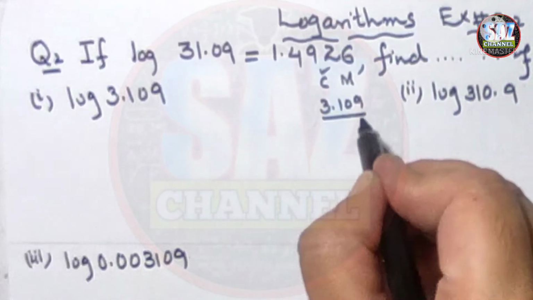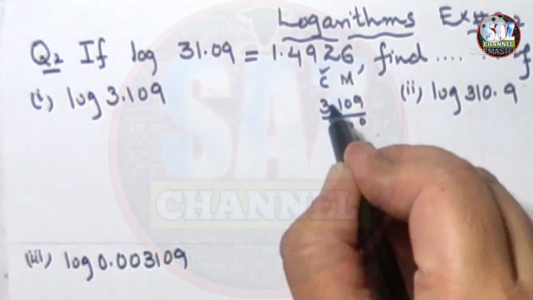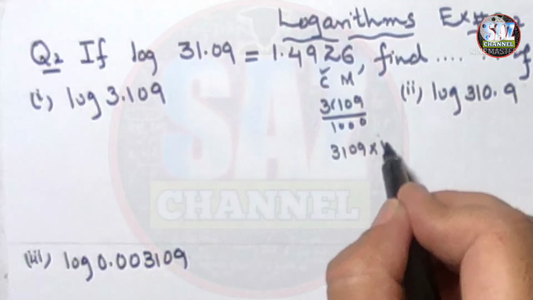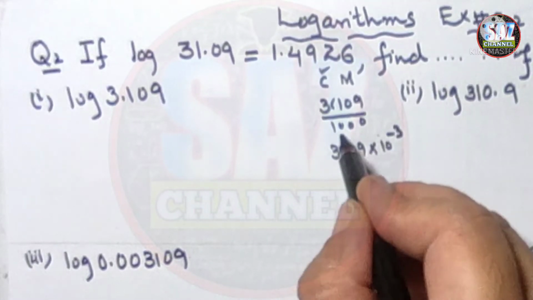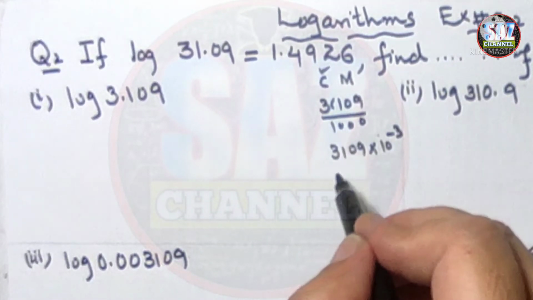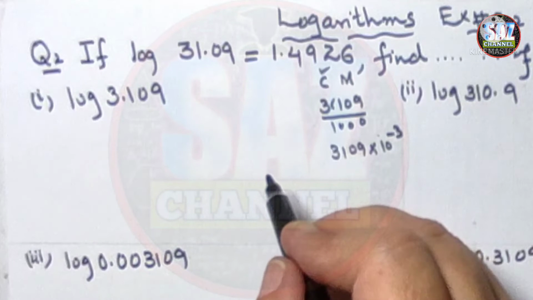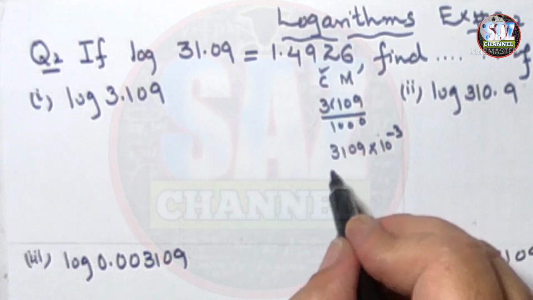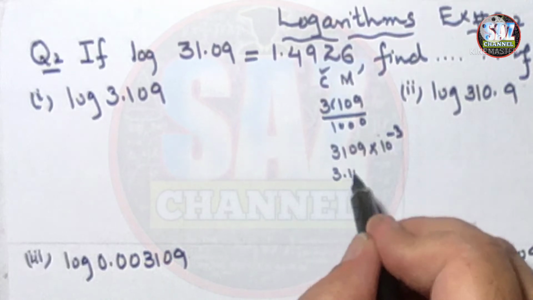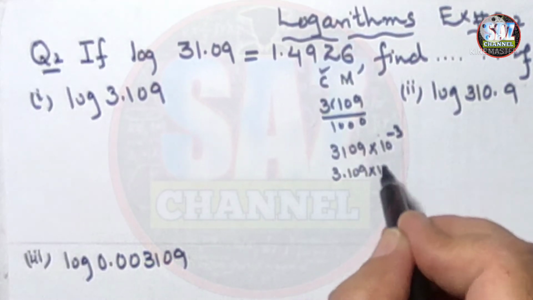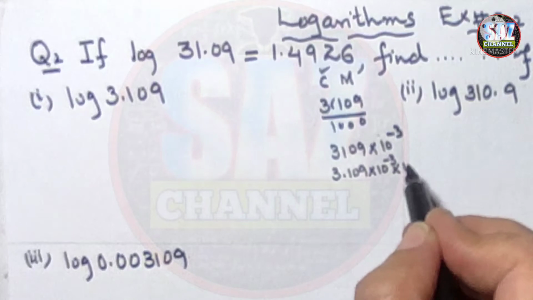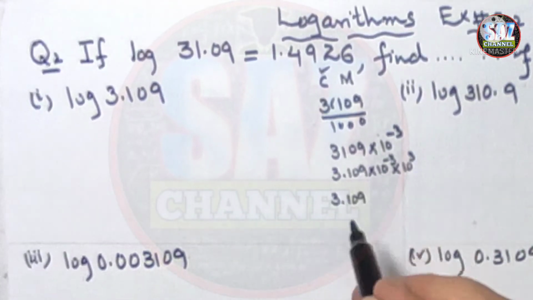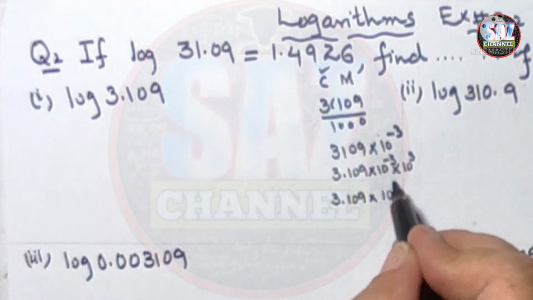So let's have a drill again on how to write this number in scientific notation. I have to remove the decimal here, and this becomes 3109 multiplied by 10 raised to the power minus 3. And now I have to bring the decimal between 3 and 1. How many left moves? I am taking 3 left moves, so 3.109 multiplied by 10 raised to the power minus 3 multiplied by 10 raised to the power 3, which is 3.109 multiplied by 10 raised to the power 0.